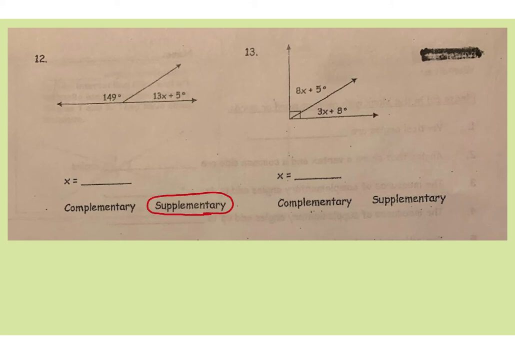And they do have a straight line. We do have the half circle. So our key number here is the 180. And what can we combine when it comes to like terms? Because we know we're going to combine everything to equal 180.